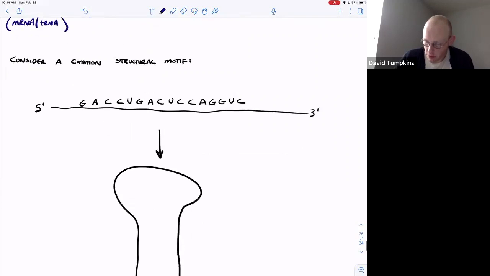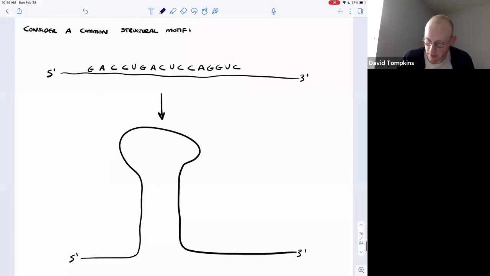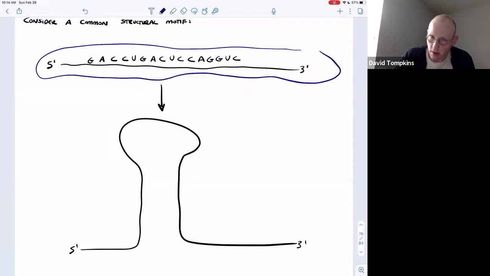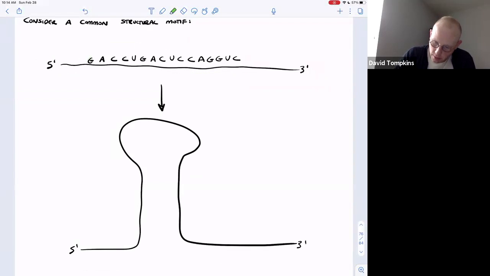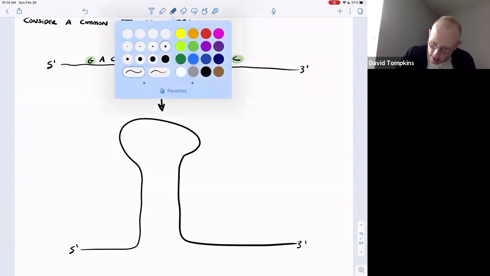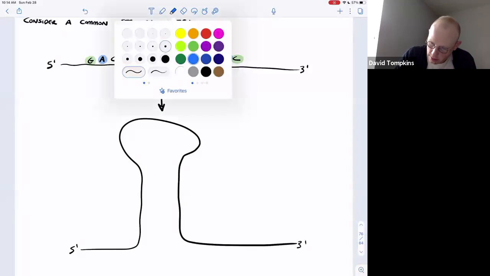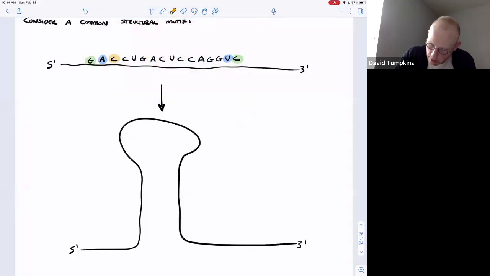So one of those common three-dimensional structures that we're going to see a little bit in transcription is the following, where I've shown the linear sequence of some nucleotides here, and you'll notice that guanine is going to undergo Watson-Crick base pairing with cytosine, and adenosine will hydrogen bond correctly with uracil, and this self-complementary sequence keeps going.